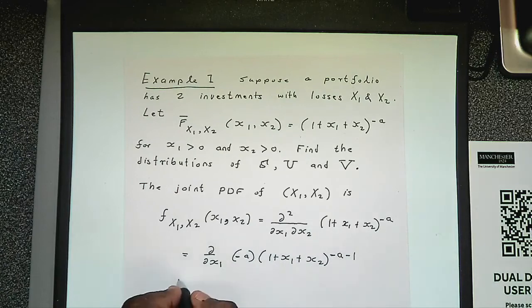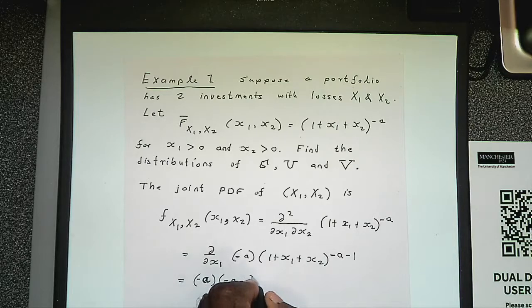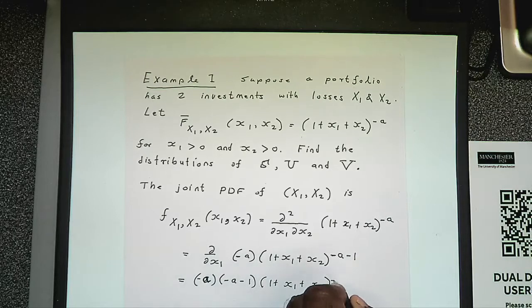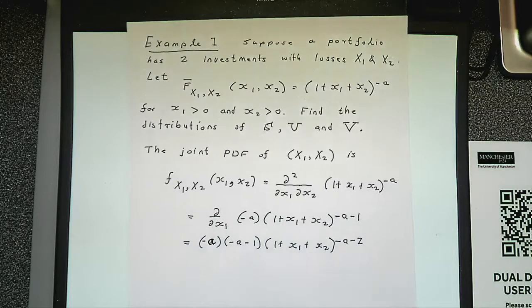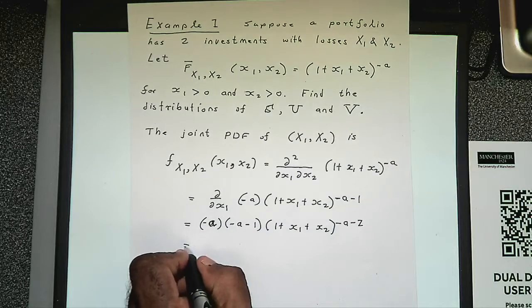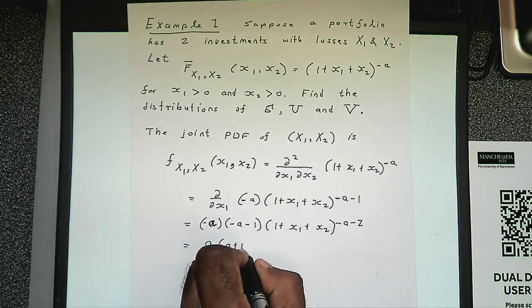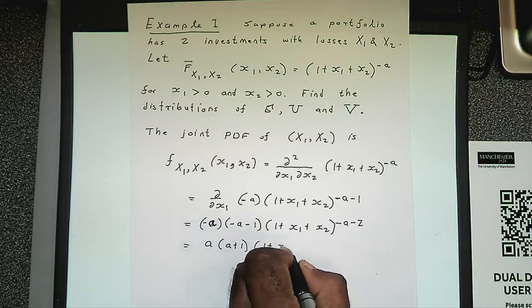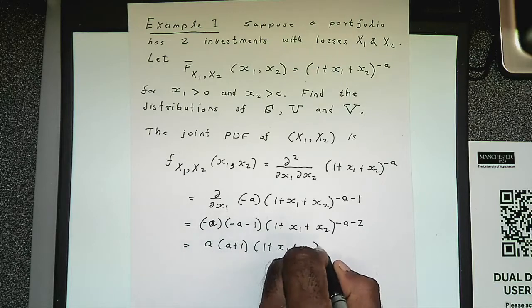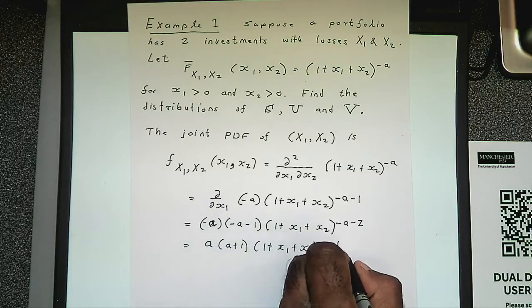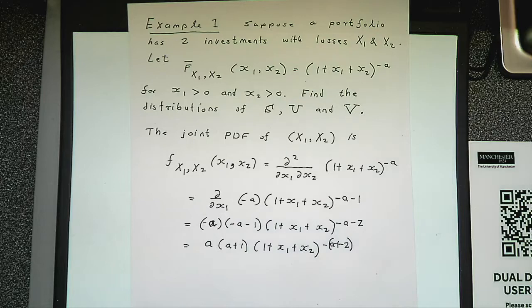Now, if you differentiate with respect to x1, you will get minus a minus 1, okay, guys, so this is a times a plus 1 of 1 plus, okay, like this. Okay, guys.